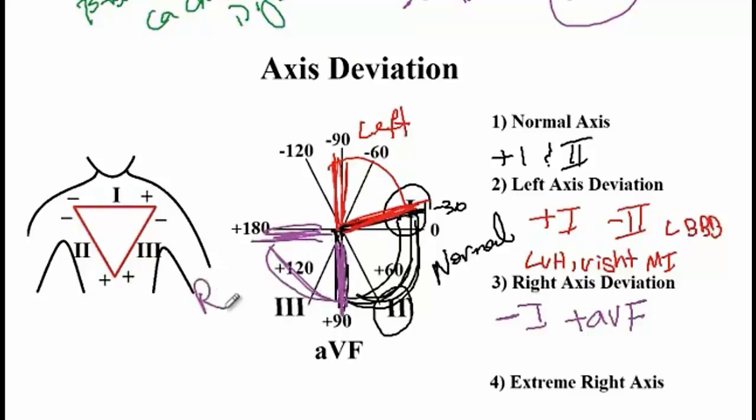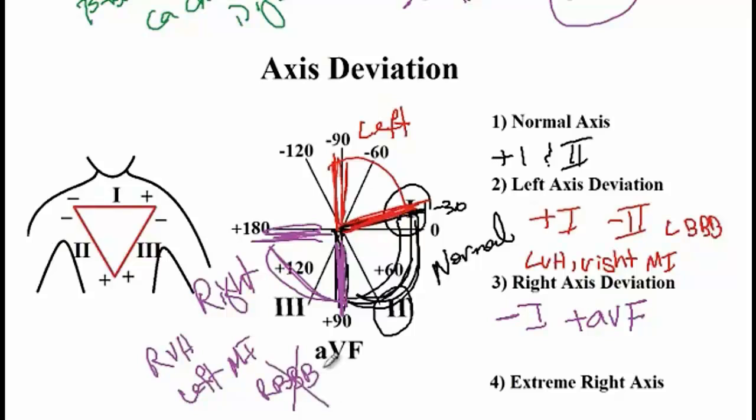Conditions that cause right axis deviation are, for instance, right ventricular hypertrophy or left heart MI. Note that while left bundle branch block can cause left axis deviation, right bundle branch block does not cause right axis deviation. So that's one difference between right bundle branch block and left bundle branch block.